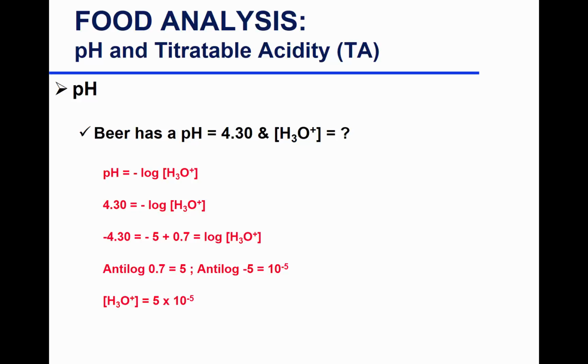So I get the anti-log of minus 5 is 10 to the minus 5, and then the anti-log of 0.7 is 5, so it will be 5 times 10 to the minus 5. So this is the old-fashioned way with old-fashioned scientific calculators, but with the graph calculator you are probably able to do it in one step.